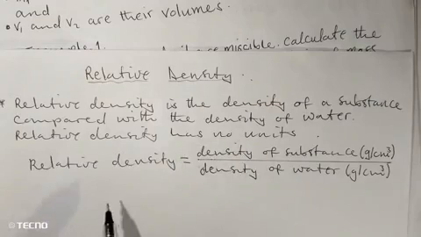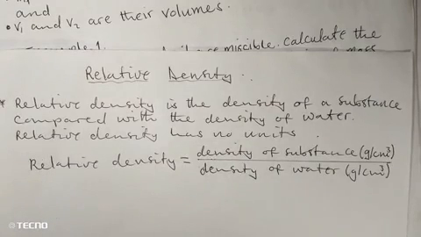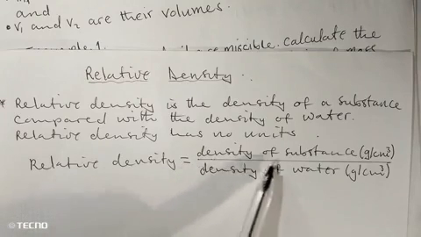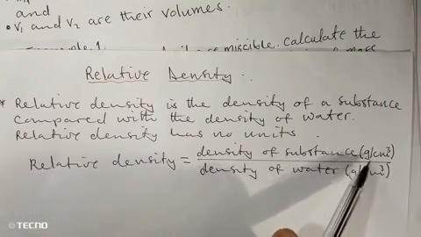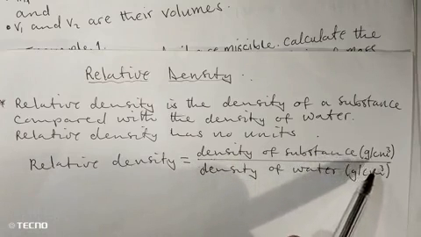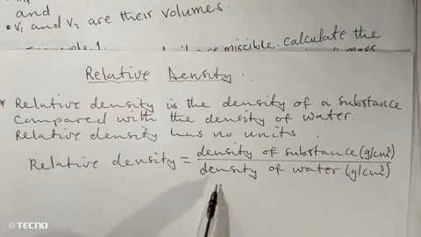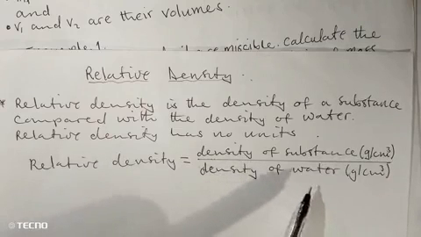So now the formula, when you are asked to determine the relative density of a certain substance, is relative density equals density of the substance, in grams per centimeter cubed, divided by the density of water.